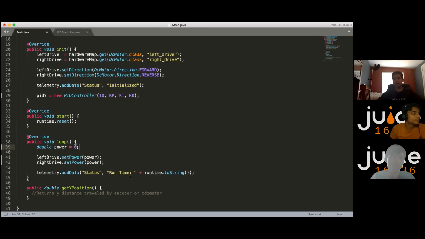I'd recommend testing this a lot, because this is your main way to figure out your Y position. If that value is off, it'll throw off your entire autonomous, so you want to make sure that part's accurate.